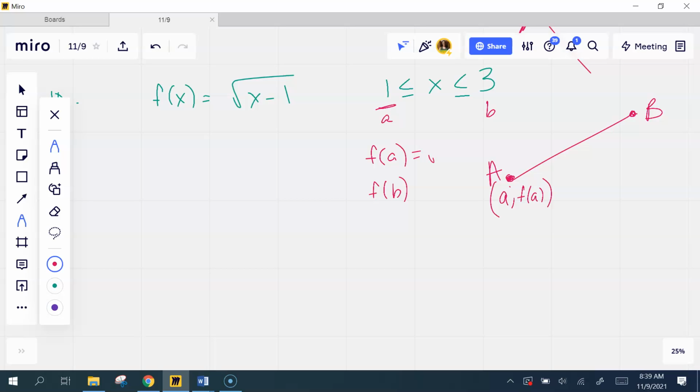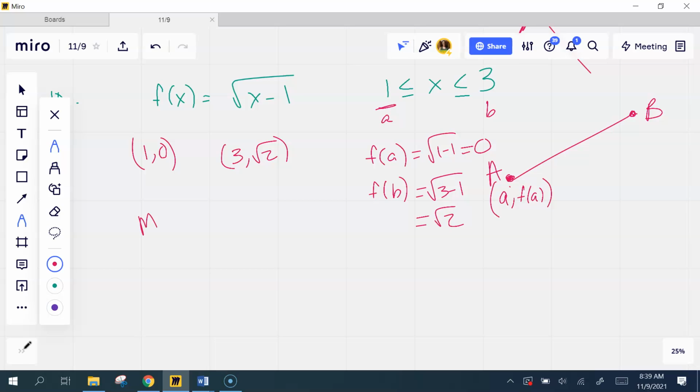So this would be the square root of 1 minus 1, which would be 0. So I have the point 1, 0. And here I have the square root of 3 minus 1, which would be the square root of 2. So I have 3, square root of 2. So now all I'm doing is writing the equation of the line through those 2 points.